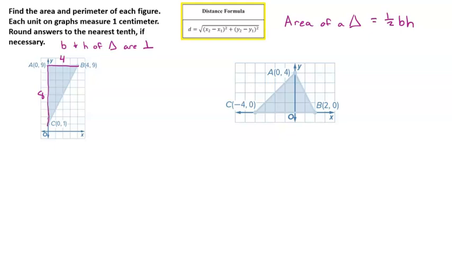All right, and so now from here, for the area of this one, it's just going to be 1/2. And then it doesn't matter which one you put as the base and the height. So we're just going to do 4 times 8. If I was doing this with mental math, 1/2 of 4 is 2, and then times 8 is 16. And so this would be 16, and then centimeters squared.